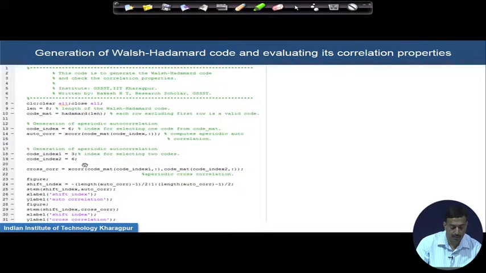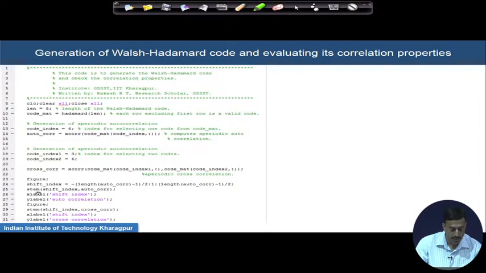We know that if I have two entities which have lengths of m and n respectively, then the correlation length will be m plus n minus 1. So that will be the length of this auto and cross correlation result vector.